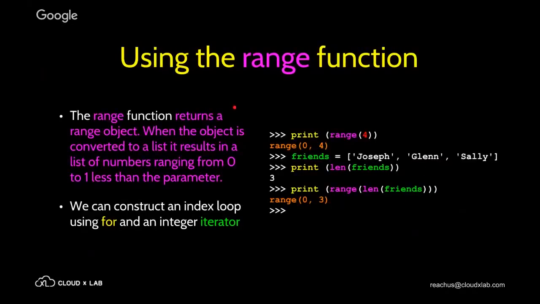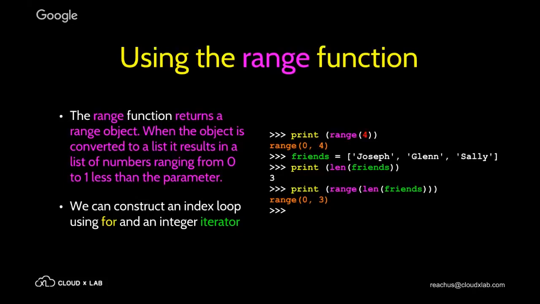Also, we can use the range function to generate a range of numbers. The range function returns a range object. When the range object is converted to a list, it results in a list of numbers ranging from 0 to 1 less than the parameter.